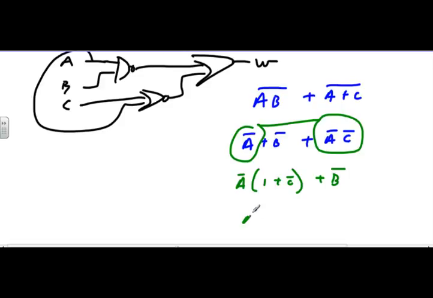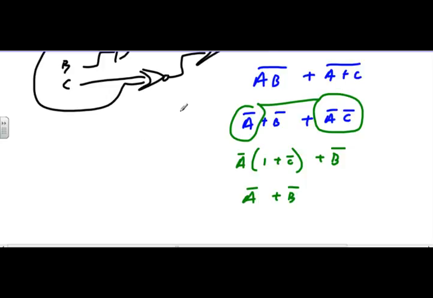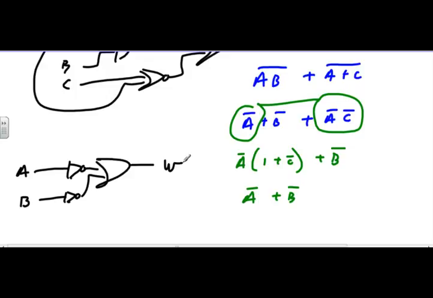I got A naught or B naught. Okay, so now I'm going to draw the simplified circuit. A, B, knotted, knotted, forward. What is it, W? W.